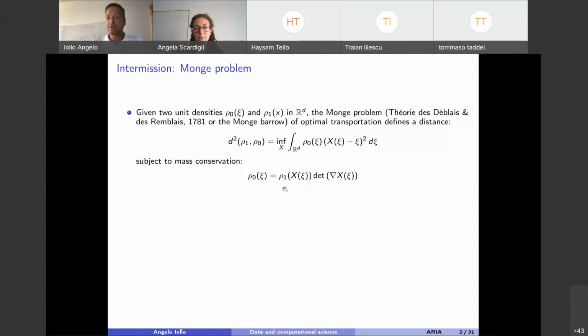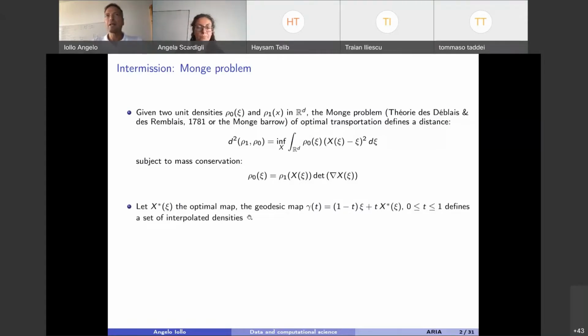That's a very nice theoretical result. I won't discuss it. So let's assume that we have a technique to solve this Monge problem, which allows us to go from a probability density function rho 0 to a probability density function rho 1 in an optimal way, and this optimal way is basically this weighted distance here.